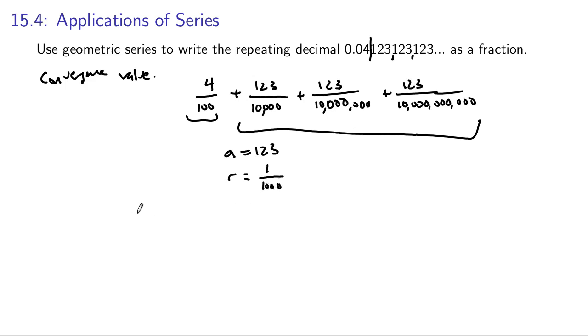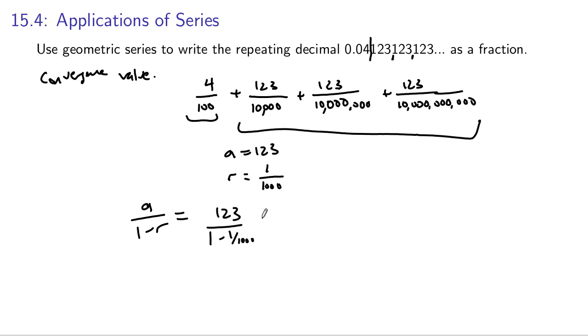So now we can use our formula, a over 1 minus r is our convergence value, to find what this sequence will converge to as a ratio, which is a fraction. So this is the way we do this sort of trick to write repeating decimals as a fraction. So a would be 123, and r is 1 over 1,000.